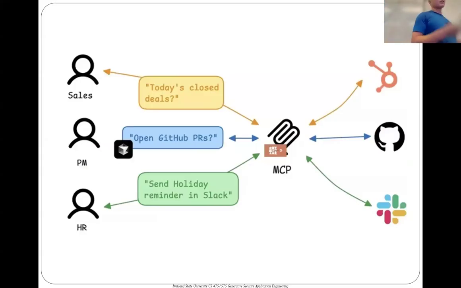Okay, so here's an example. You have an agent, and this agent integrates MCP servers from HubSpot, GitHub, and Slack, so that when someone asks for the closed deals, it goes to HubSpot, which is the customer relationship management software. GitHub PRs go to the GitHub MCP server, configured with whatever repository your company might have, or you personally might have.